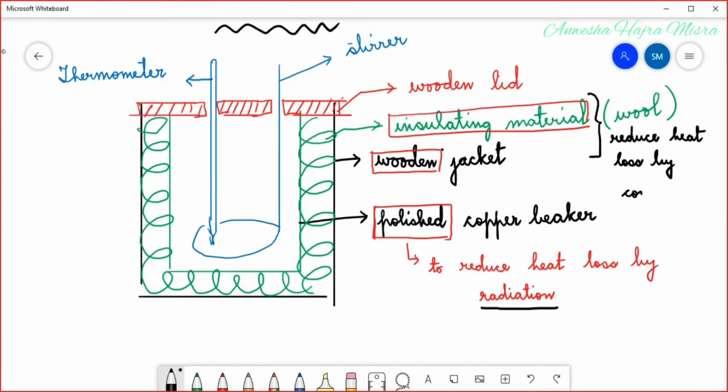So this wooden jacket and the insulating material reduce heat loss by the method of conduction.